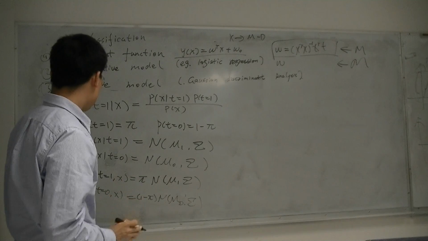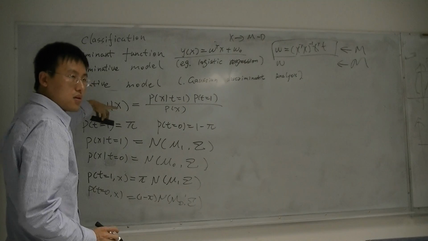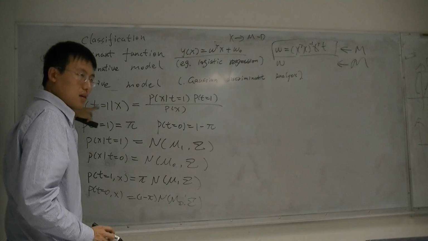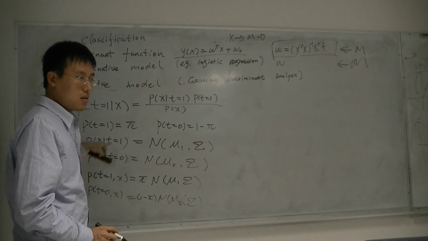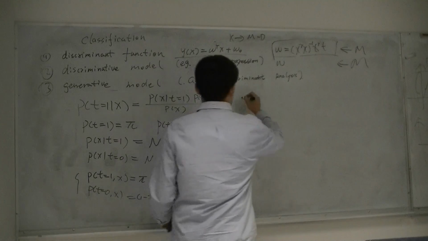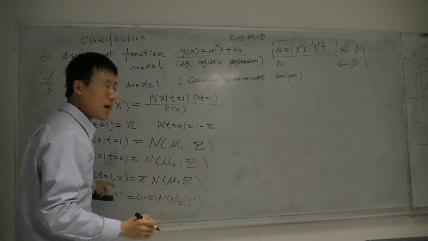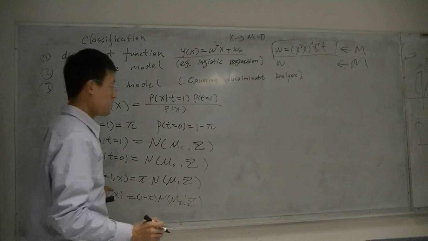And then, if we want to maximize this posterior, it is equivalent to maximizing the joint distribution because the evidence is constant, right? So in this case, we try to maximize the joint distribution.